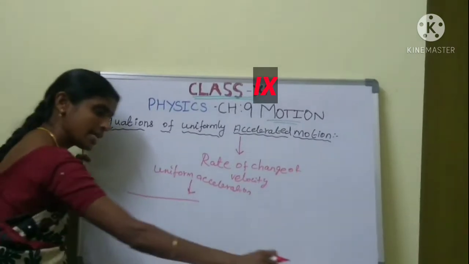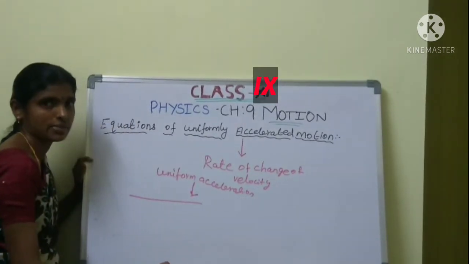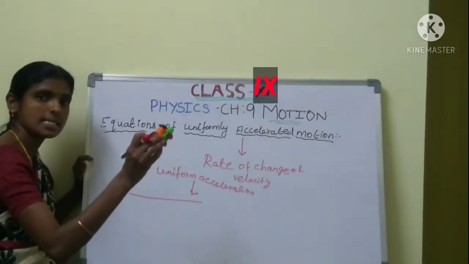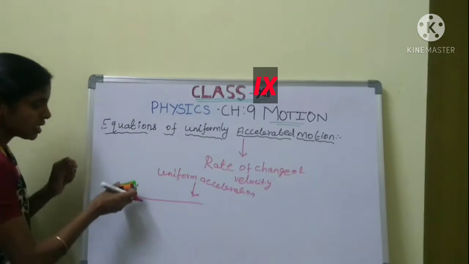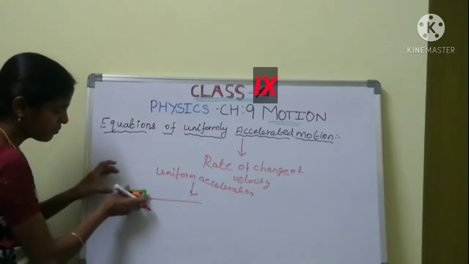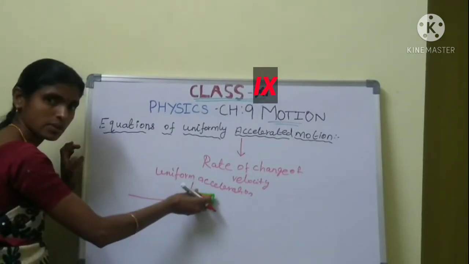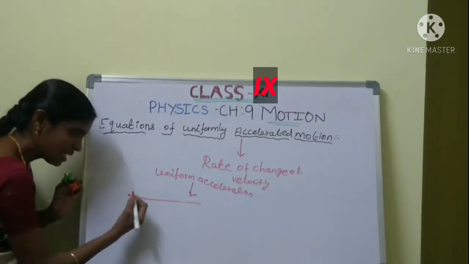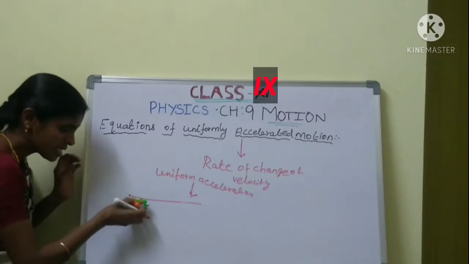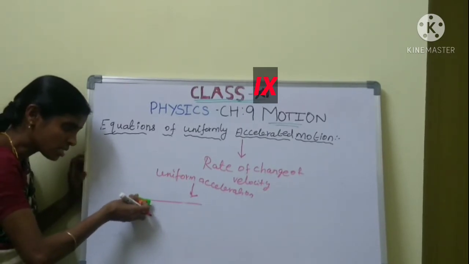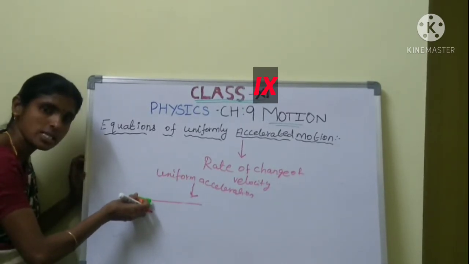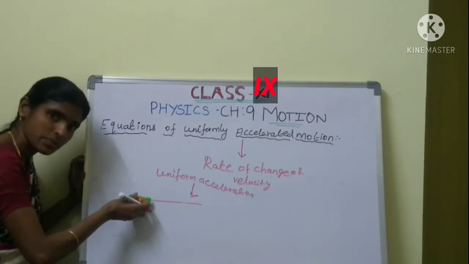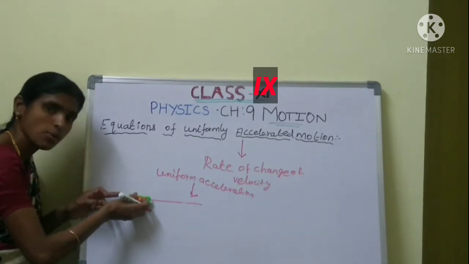See here, let us consider one object, a car. The car starts from here to here. At 0 seconds, this is the initial point of the object, and the car is starting at rest. Now the car starts moving.